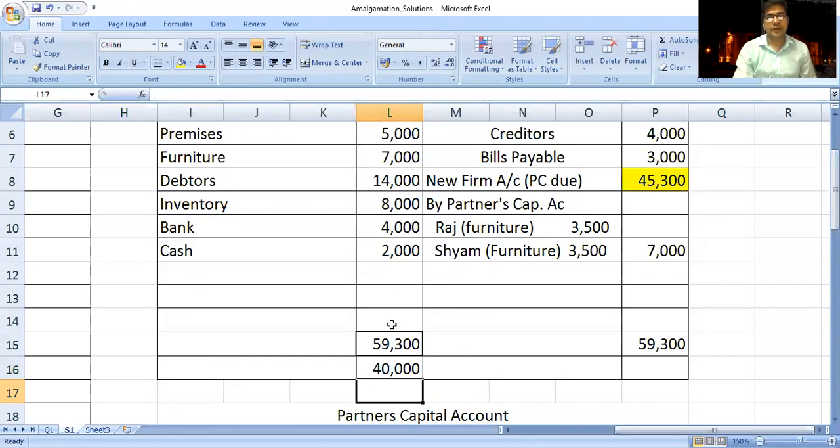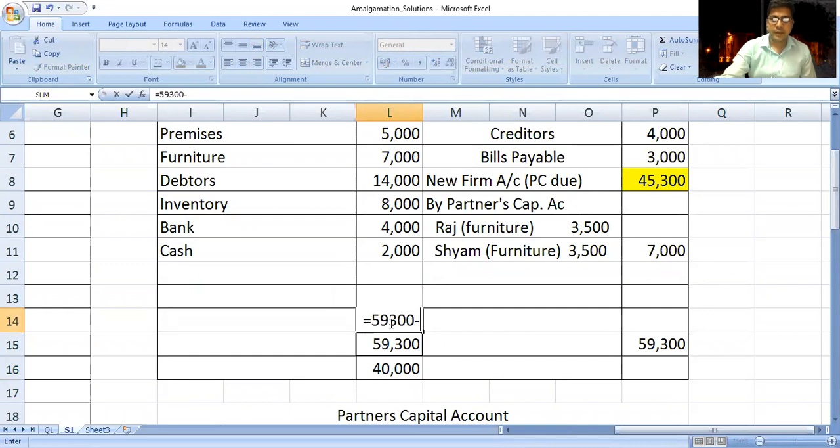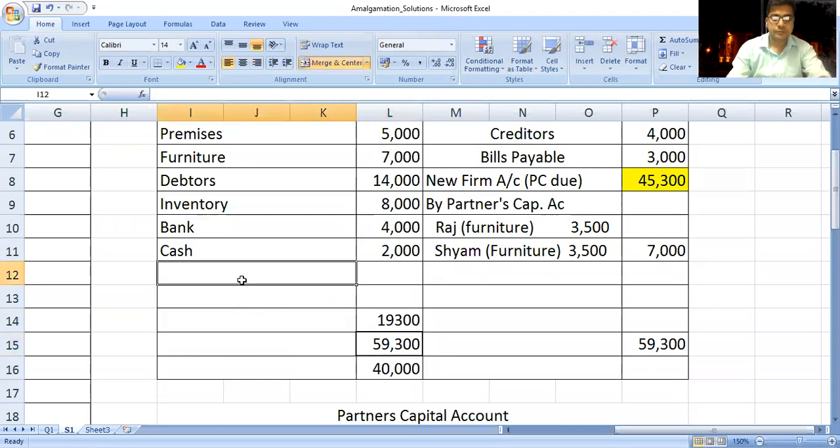If I deduct the debit side total from the credit side total of 59,300, we will get 19,300 as a profit on realization, and it is transferred to partners capital account.